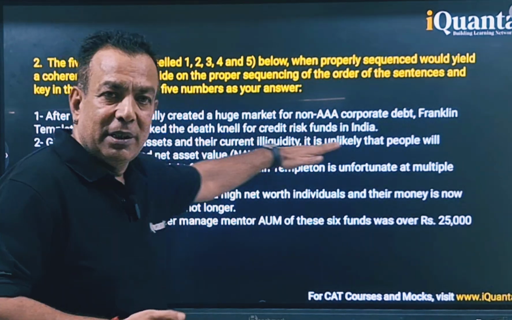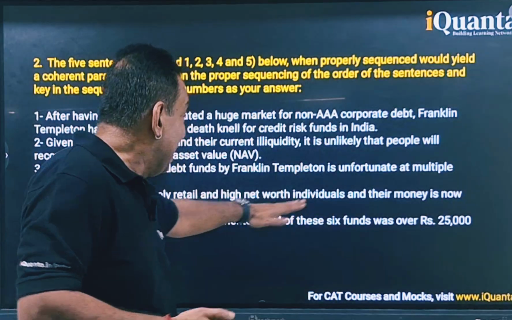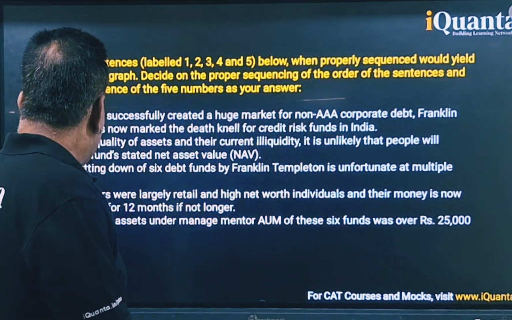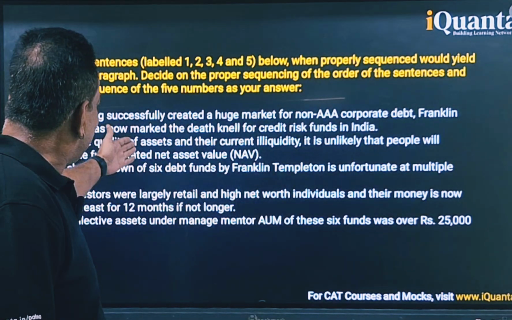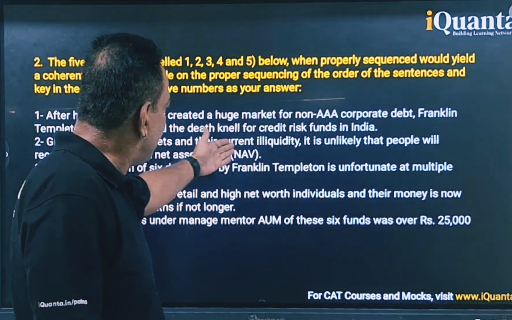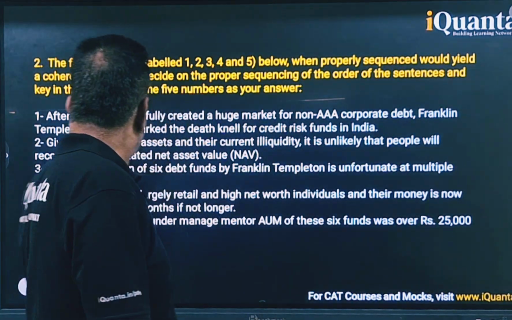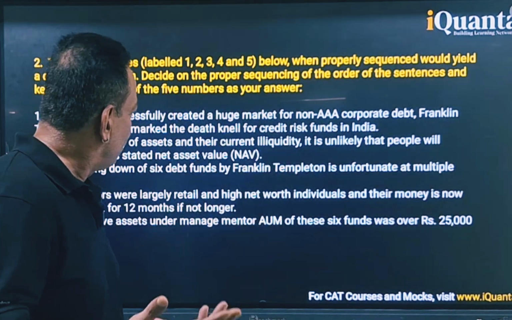It's telling you about the collapse, then the net worth of those funds, then who invested, the investors, and fourthly, given the quality of assets and their current illiquidity, it is unlikely that people will recover the fund's stated net asset value.